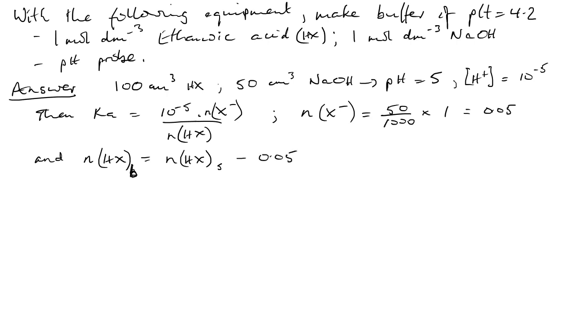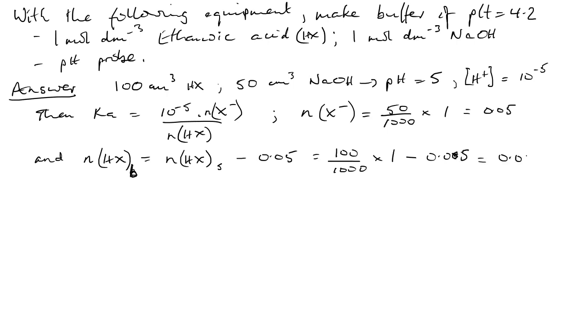So we put that in. The moles of ethanoic acid that we started with is 100 over 1,000 dm cubed, since we put 100 cm cubed in there, times our 1 molar concentration, minus what was reacted away, which is 0.05.